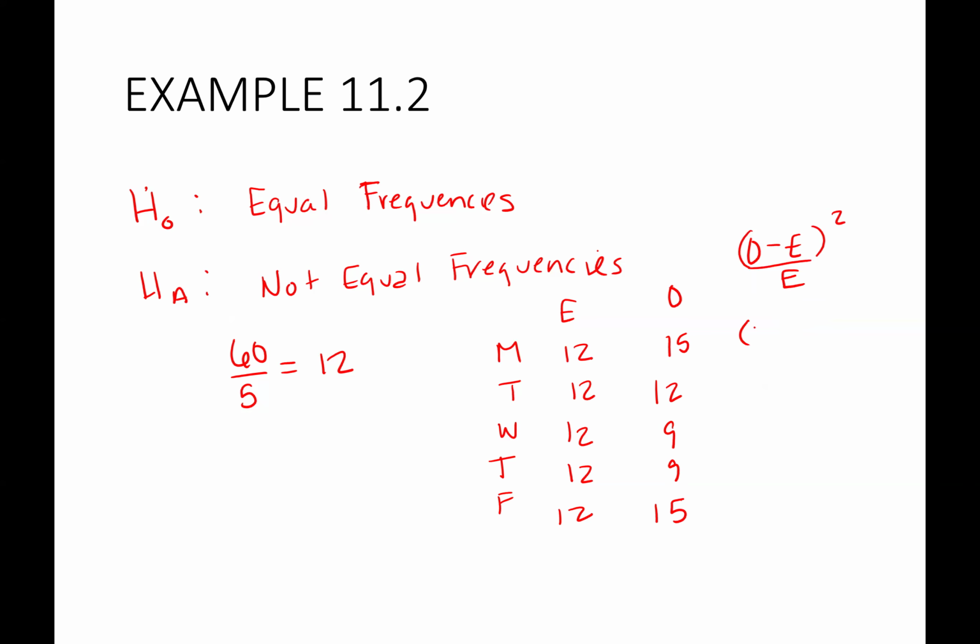So this is 15 minus 12 squared divided by 12. And this is 12 minus 12, which is 0, by the way.